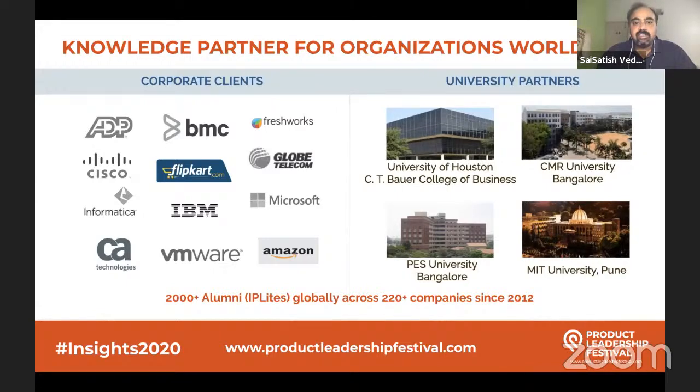To that effect, the Institute designs and delivers various programs to senior working professionals and technology managers, to help them move into different roles within their organization, to career acceleration, career transition, or even entrepreneurship. IPL partners with various universities across the world and delivers these programs to corporates and to individuals. About 2,000 plus alumni have already gone through various programs globally, from 220 companies.